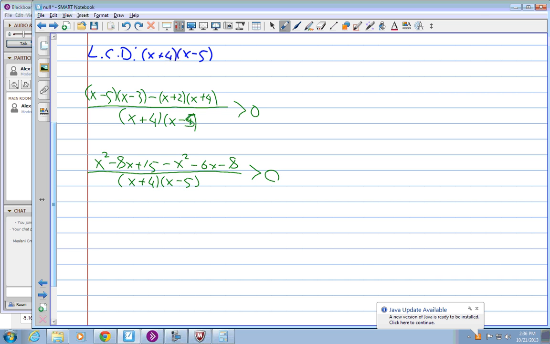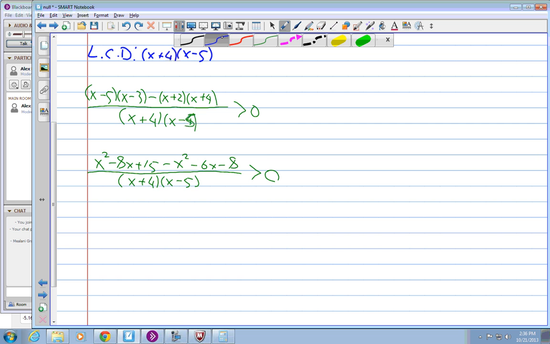Is that okay? Did you get that? I'm skipping a few steps, but I'm not teaching you how to FOIL in this class. And that should be appreciated. So x squared and x squared cancel. Combine like terms, negative 14x. Looks like plus 7 maybe.